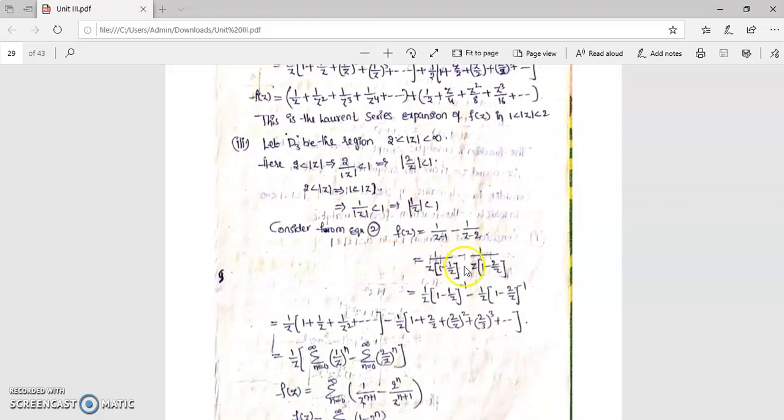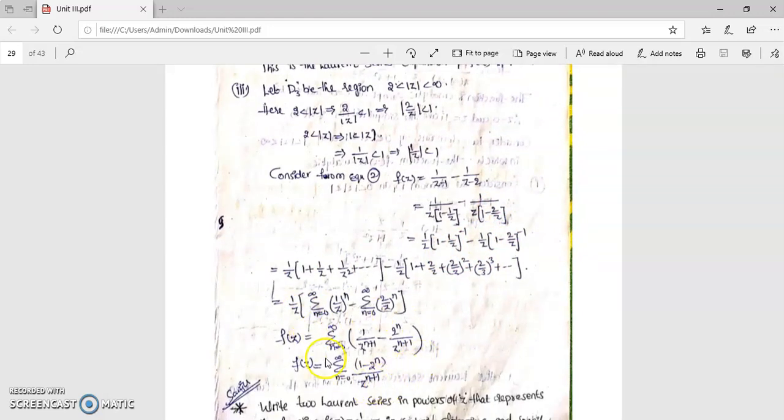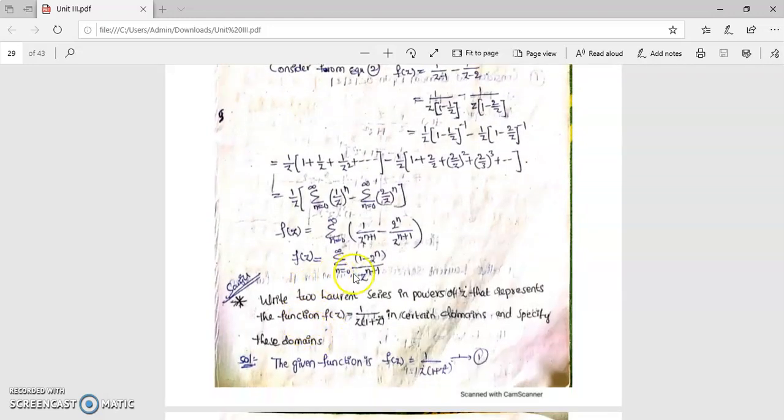Consider the function, 1/z type and 2/z type. Since 1/z is less than 1 and also 2/z is less than 1, expand these functions. Here we get f(z).